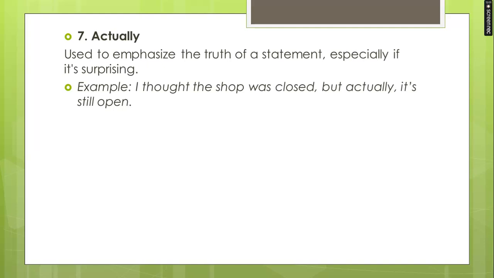So here we emphasize the truth of a statement because it is surprising to me; I thought that it was closed, but actually it is still open. I thought the guy had gone, but actually he's still there.